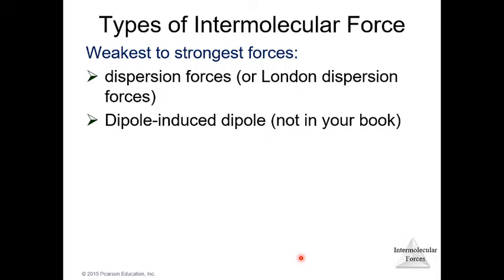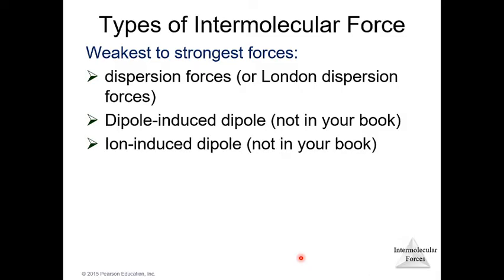In the book it goes straight from dispersion to dipole-dipole. But there's another one, dipole-induced dipole, not in your book. Also not in your book is ion-induced dipole, meaning an ion can induce a dipole in his nonpolar neighbor. Not in your book, but it should be.